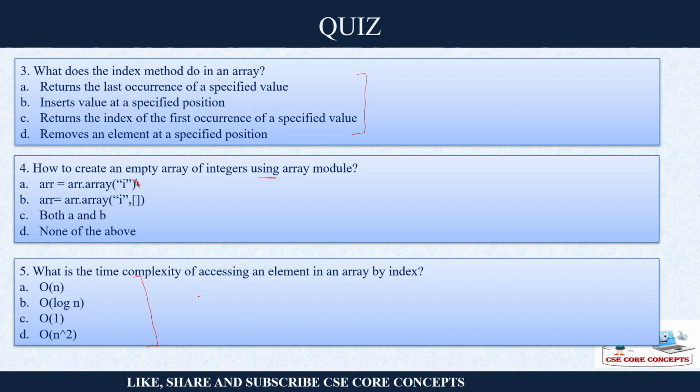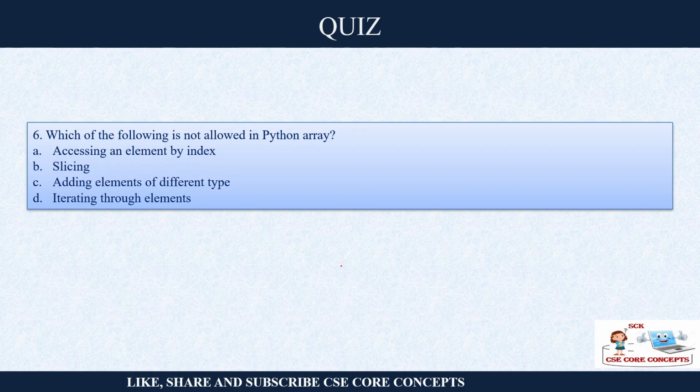If not, you can get it from my sorting and searching playlist. You can find out which is the time complexity if you are searching an element by an array index. And which of the following is not allowed in a Python array? You have to find out from these 4 options what is not allowed in the Python array.